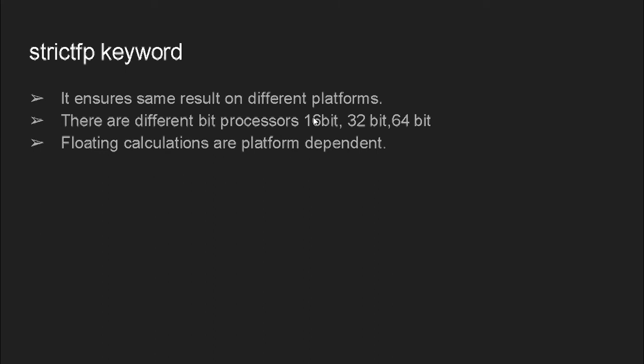That means if I do a floating point calculation in 16-bit, it is going to be different from what you get in 32-bit, and it is going to differ from what you get in 64-bit. But if you use the strictfp keyword, then even if you vary the processor, the result is going to remain the same. There are certain rules for the strictfp keyword, so we will discuss them later, because this is a little bit of an advanced level concept. Right now we are at the basics.